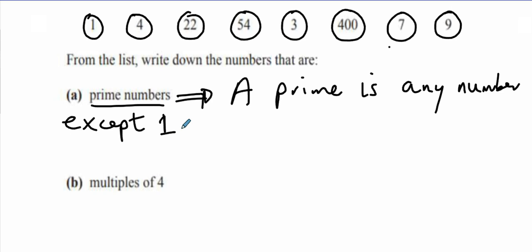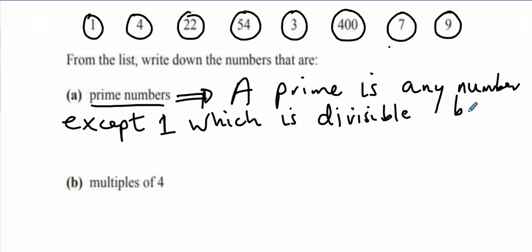Such a number should be divisible by 1 and itself. A prime number is any number except 1 which is divisible by 1 and itself.